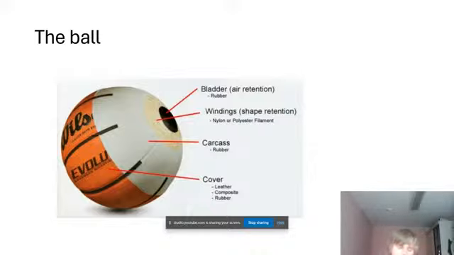But there was no rubber to make those balls more easily accessible.